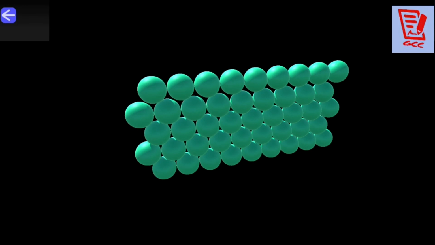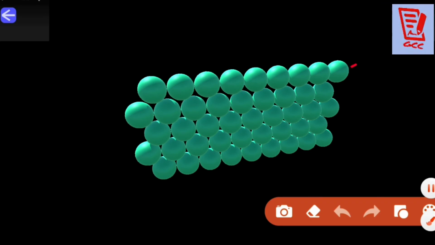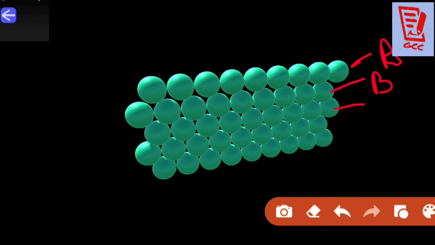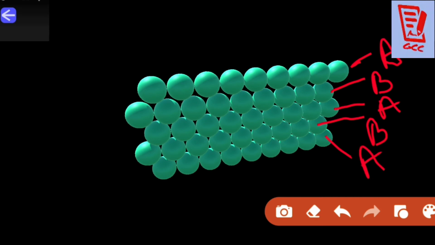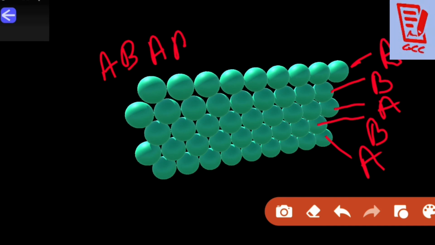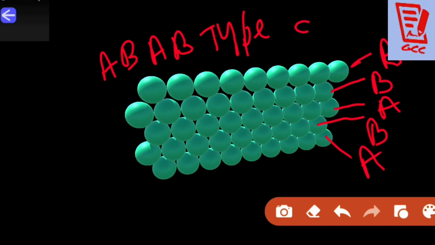Let this layer be A, and this is layer B. This is layer A, then this is layer B, this is layer A. Layers are different. Previously all the layers were the same. So this is called AB type arrangement in 2D, and this is the second arrangement in 2D.